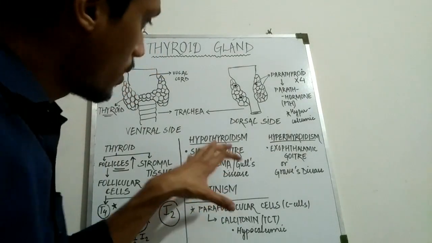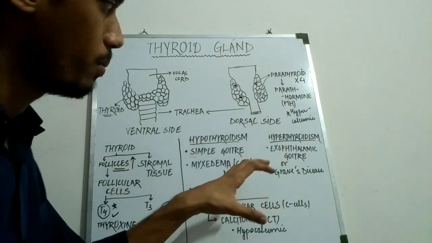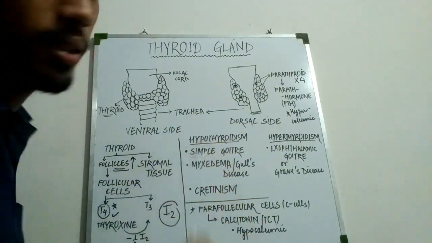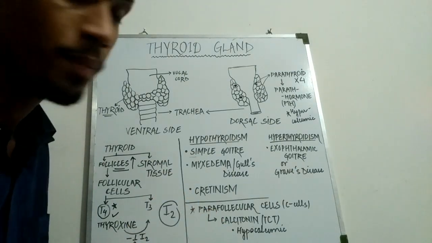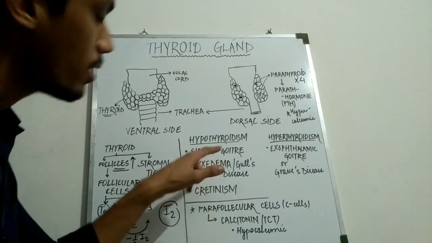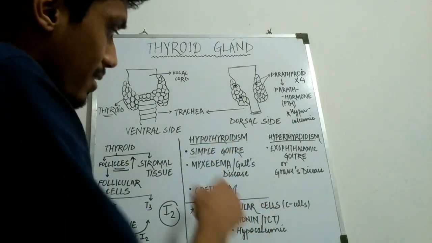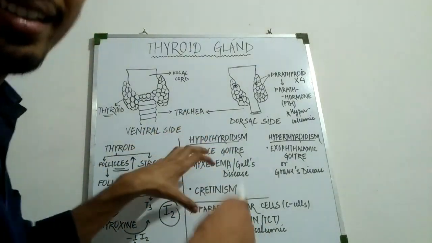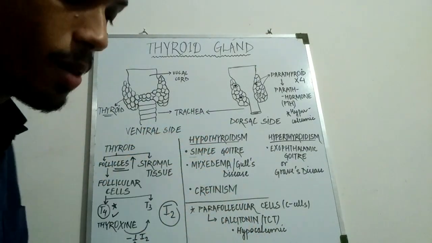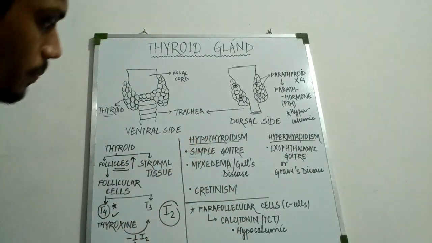Now, I've talked a lot about hypo and hyperthyroidism. Basically, I've talked a lot about simple goiter and continuously that iodine deficiency. But what happens if the concentration of thyroxine lowers down? There are three diseases that will take place as a consequence of hypothyroidism.